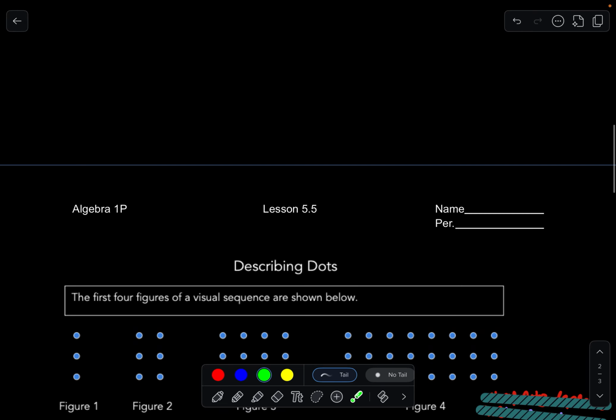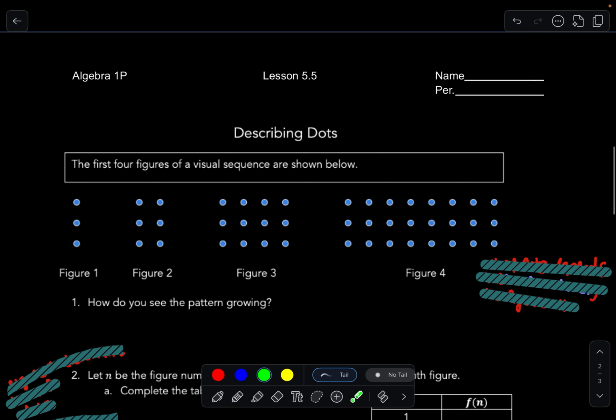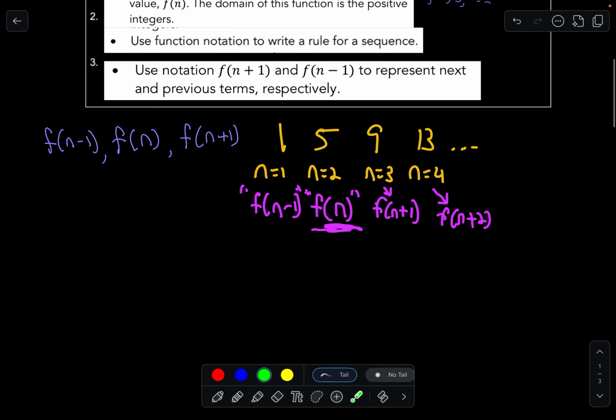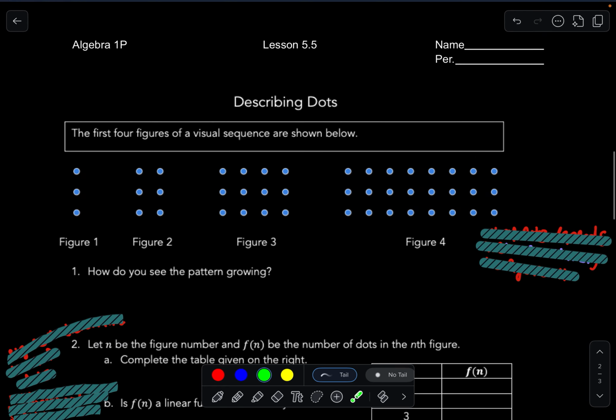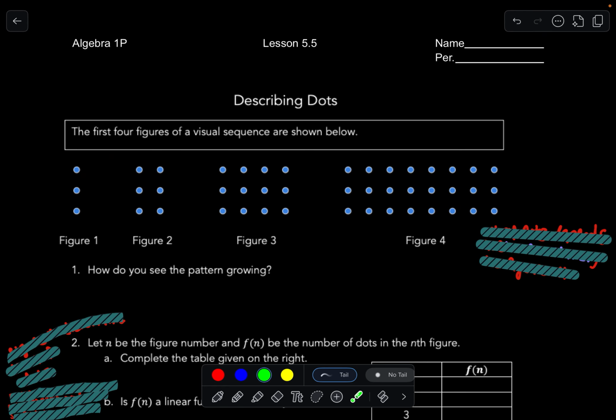Now, let's go into here. So, the first 4 figures of a visual sequence are shown below. How do you see the pattern growing? All right. So, let's look at this.